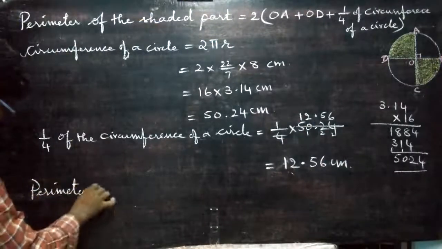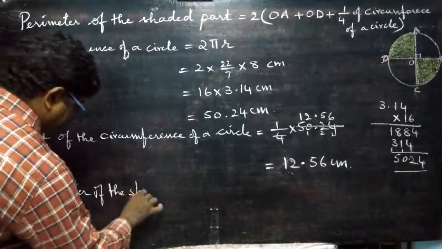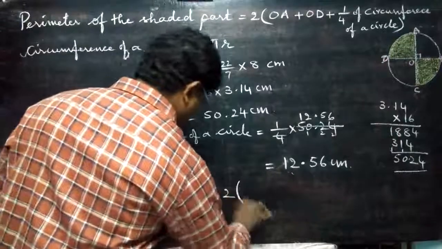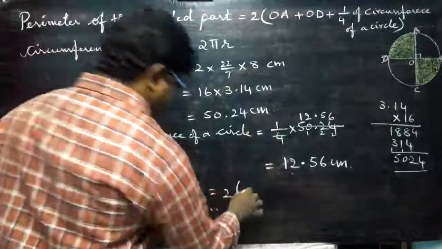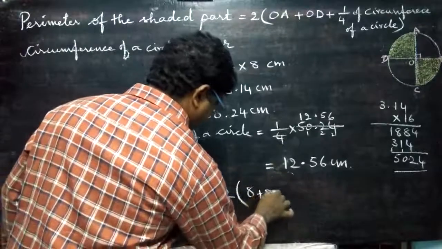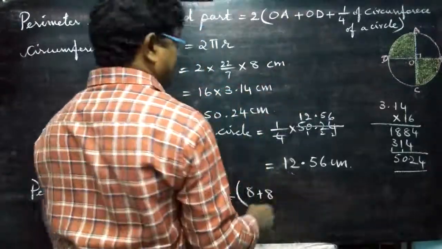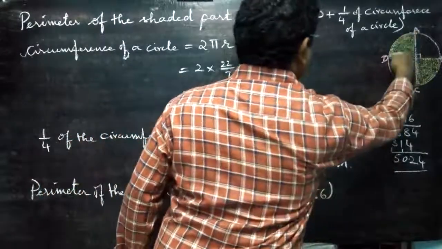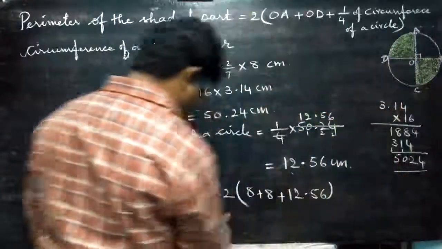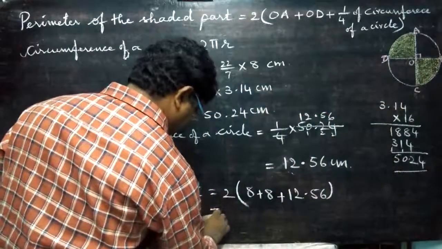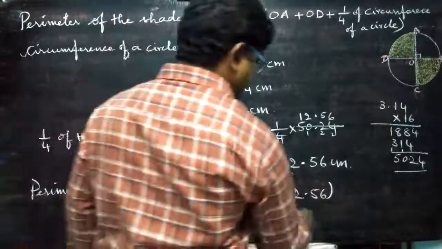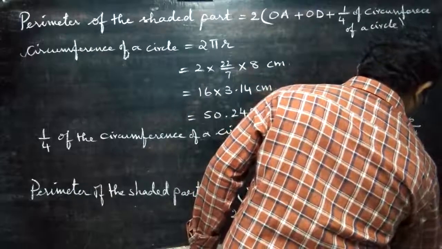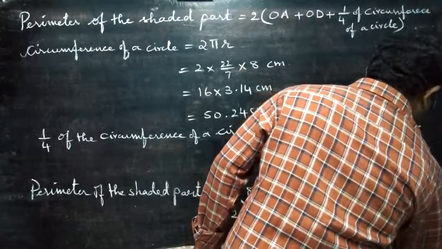Perimeter of the shaded part is equal to 2 into OA is 8. 8 plus, both are radius only. 8 plus how much you got? 12.56. This arc we got that much, so 2 arcs are there, so 2 into common, that is equal to 2 into 16 plus 12.56, add 28.56.